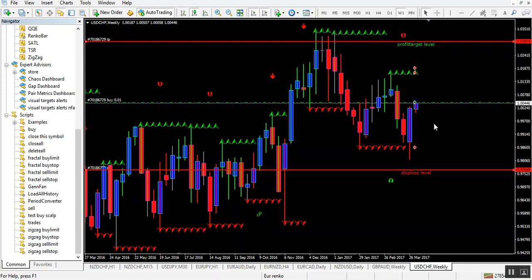So once all orders are closed on that chart, it removes itself. Because I can't tell you how many times I've forgotten, and I've had 3 or 4 US Swiss charts or something open and forget that I have this visual targets still active on a chart, and they'll sit there.